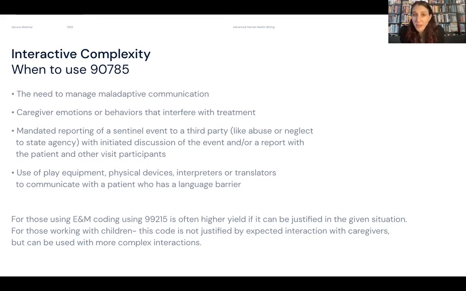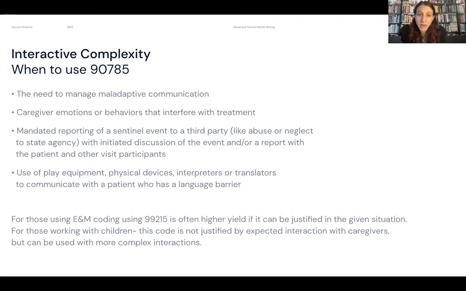This is interactive complexity. You also see here the mandated reporting of a sentinel event to a third party. If you ever have to make a report to authorities of abuse or neglect, that is always interactive complexity. So that's something that you certainly should also be adding.